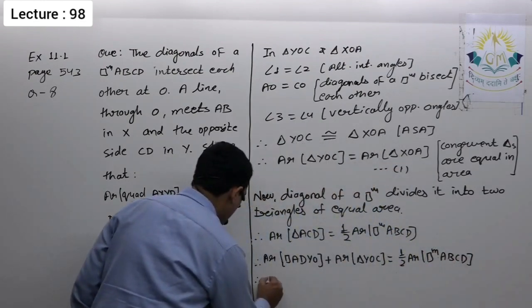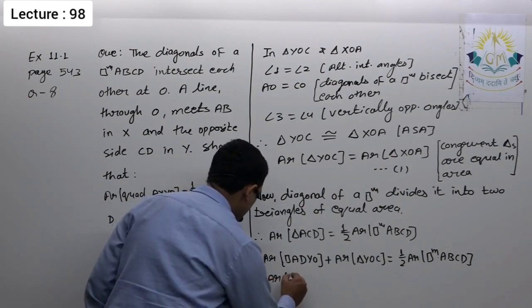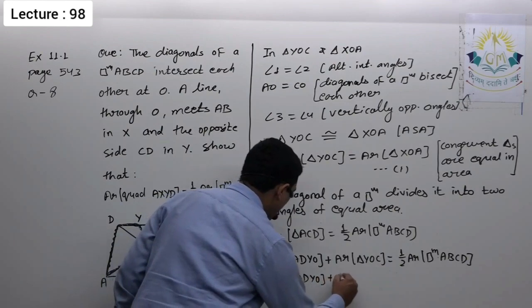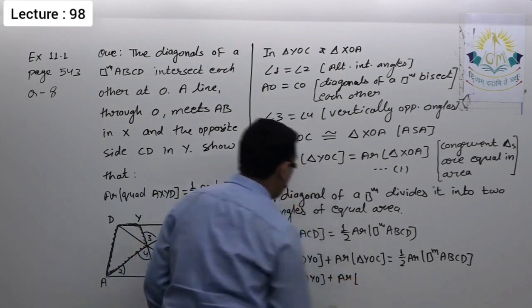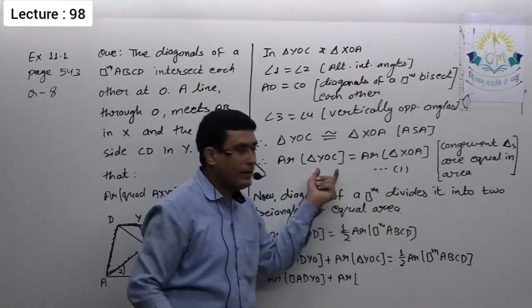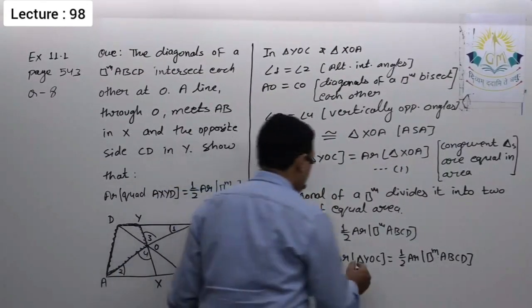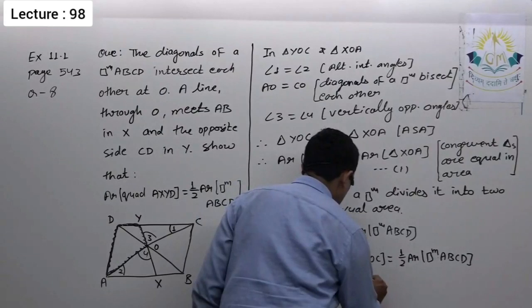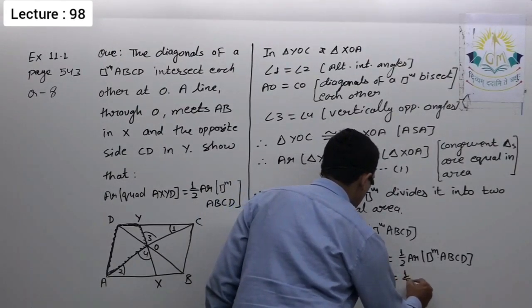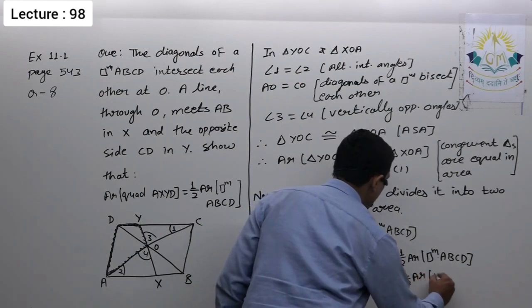Instead of area of triangle YOC I write area of triangle XOA, because these two triangles are equal in area.